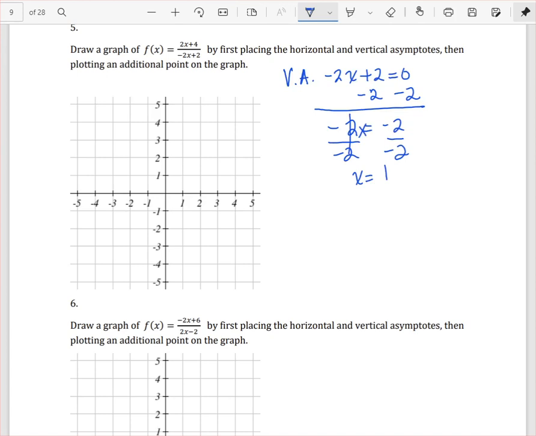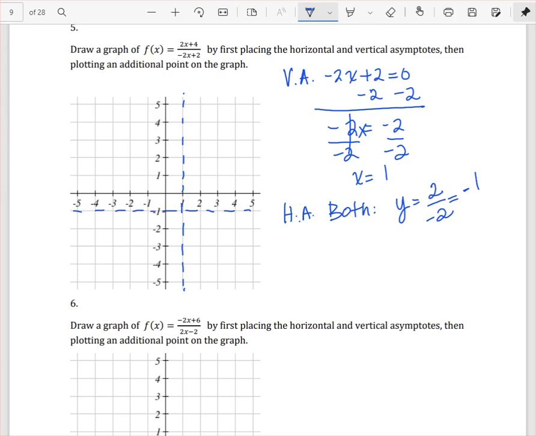So when I go here, it will be x equals 1. Now the horizontal asymptote, the highest power is on both, so it would be y equals 2 divided by negative 2, which is negative 1. So it would be this one here.